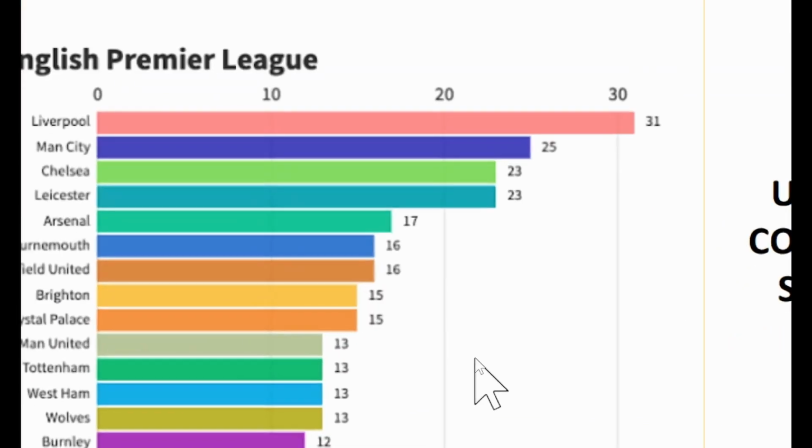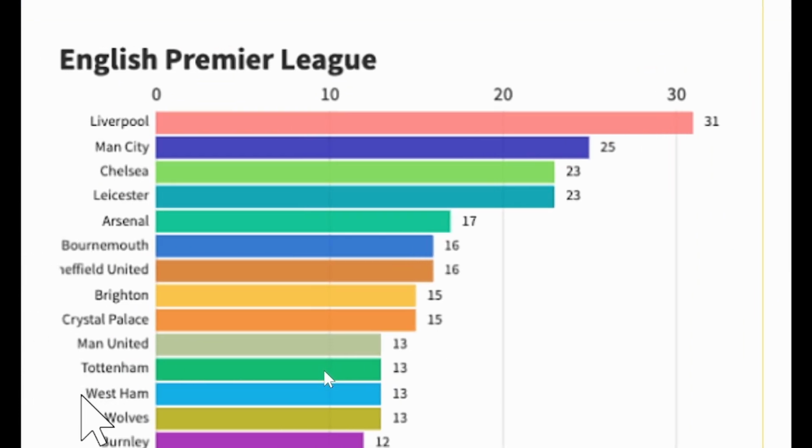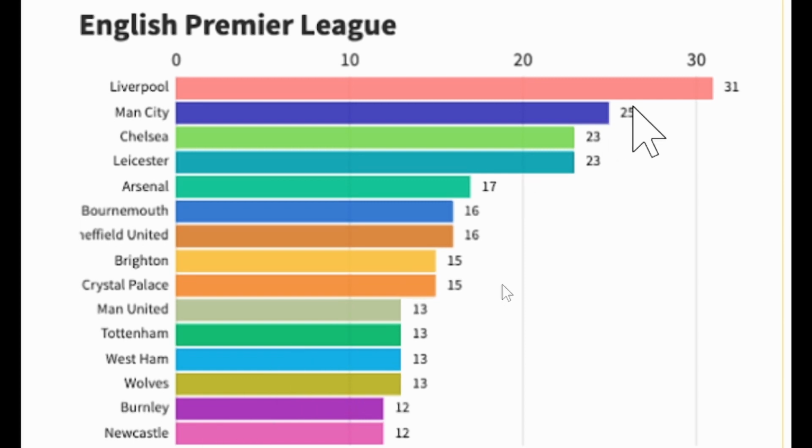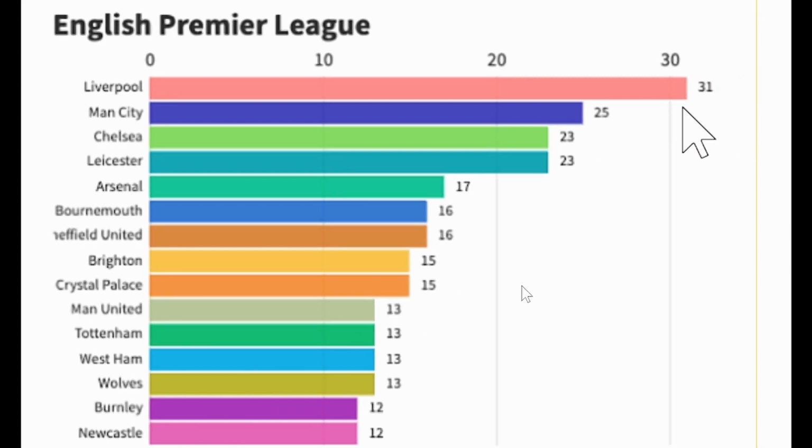So if you check here, we have the English Premier League for the football lovers, and let's say these are, what do you think this will be? Their scores. Okay, fine. Because there are so many, we can't use a pie chart for this. Do you think we can use a pie chart for this?